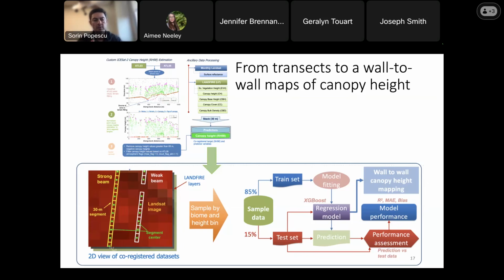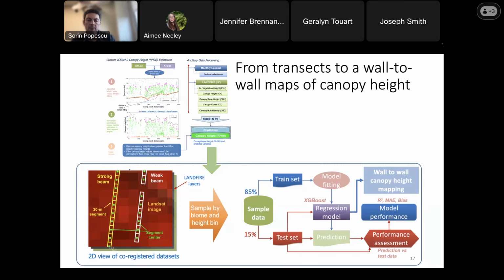So in this case, I'm showing you the flowchart for generating the continental scale canopy height map, where we used, as I mentioned earlier, a list of ancillary variables with machine learning methods, in this case XGBoost. So it's an improved version of random forest to generate those canopy height maps for all ecozones within the continental US. We validated the product two ways.